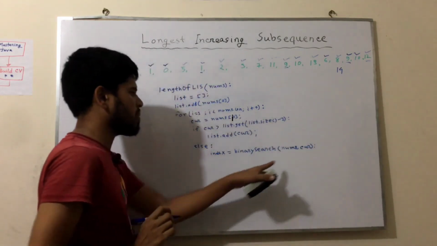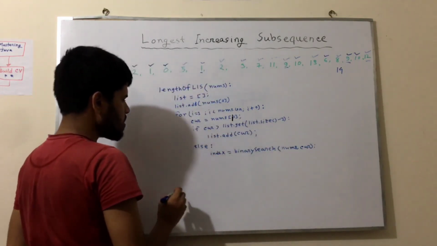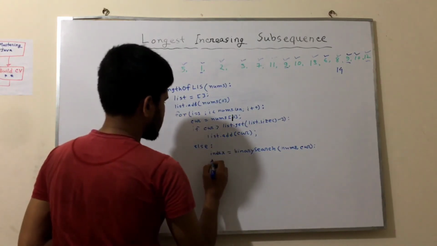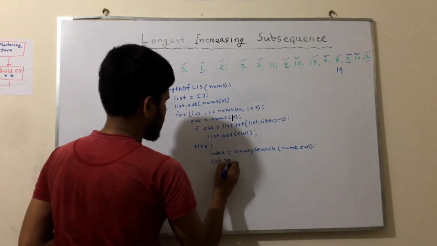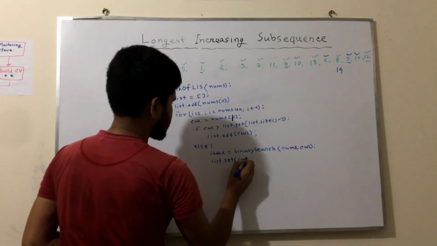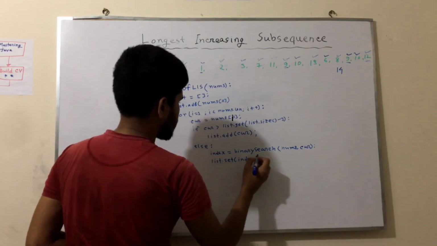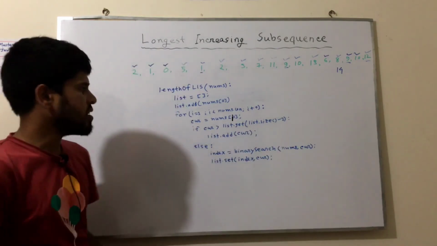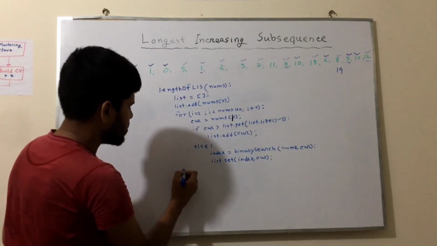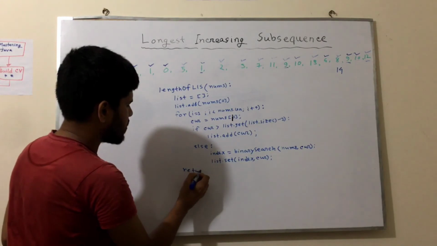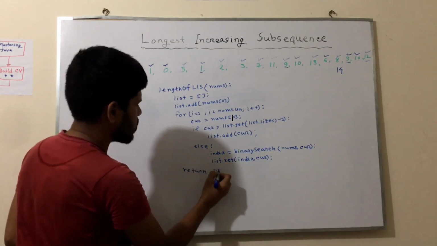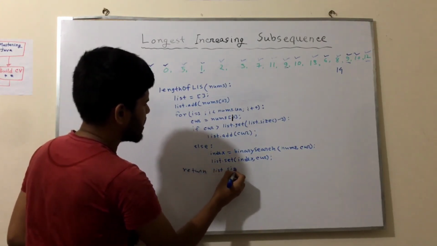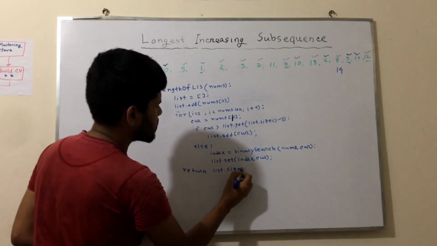It will return the index of immediate next of current. And here I'm going to call list dot set. I'm going to update at index with the current value, and at the end I will return the length of the list. So list dot size. The size of the list is the longest increasing subsequence.